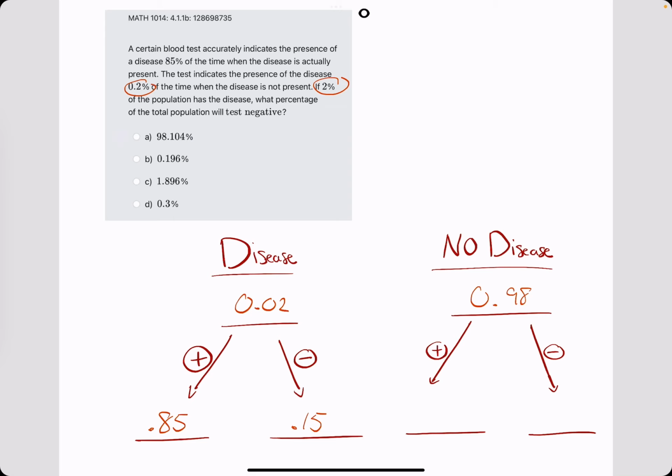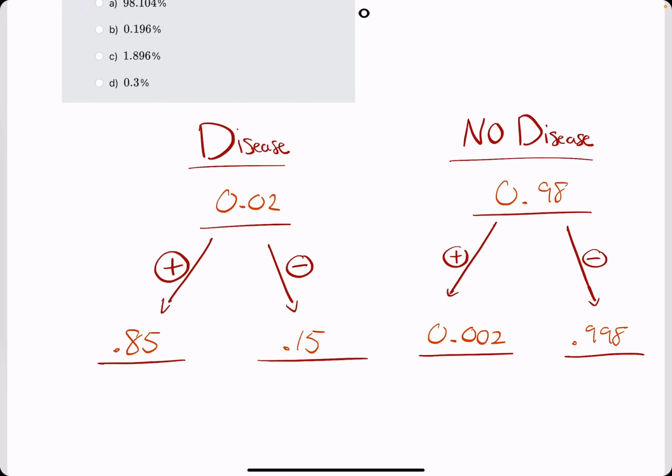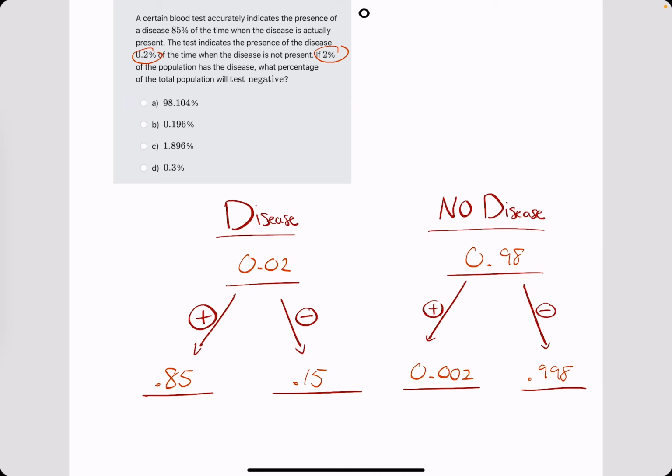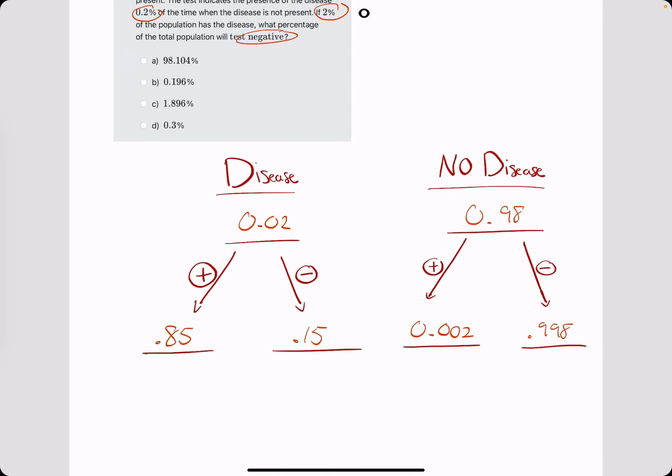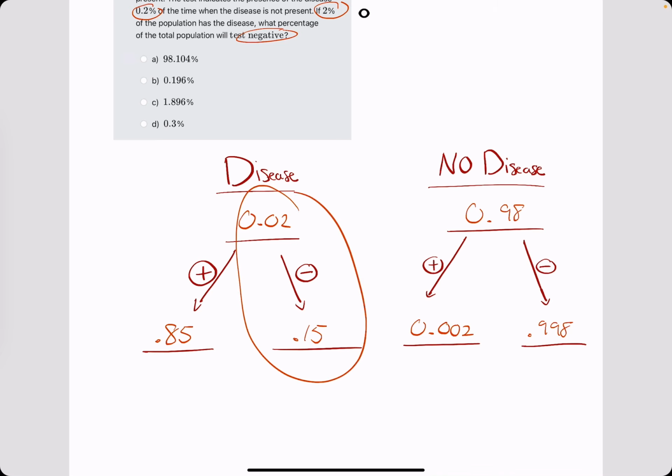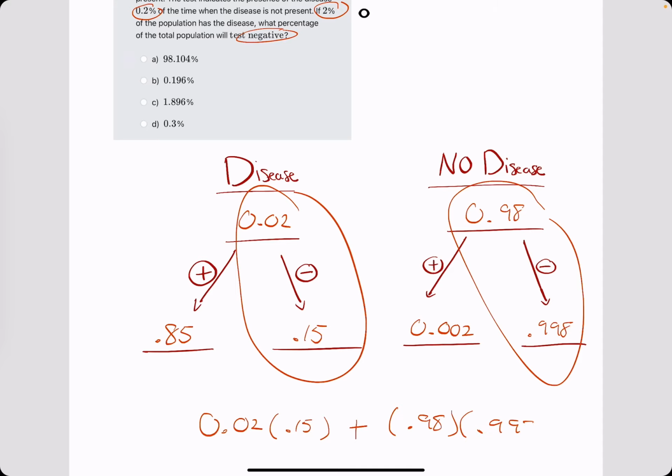And then 0.2% of the time, it's going to show the disease is present even when it is not, which means that 99.8% of the time, you'll have people testing truly negative. They ask what percentage will test negative. So we follow the negative routes here, multiply 0.02 times 0.15 and add that to the other 0.98 times 0.998.